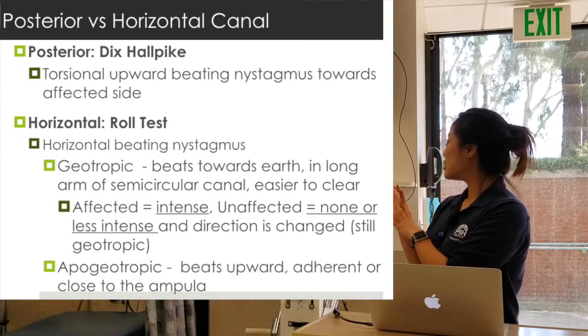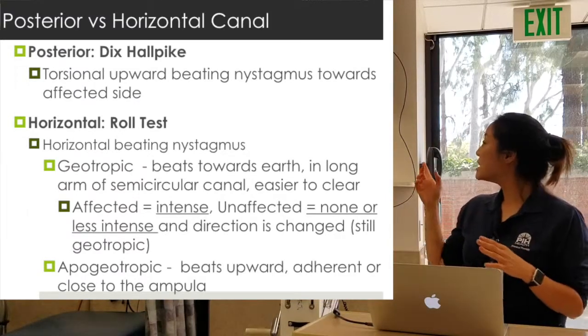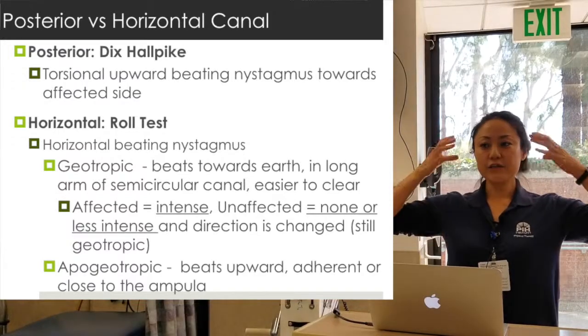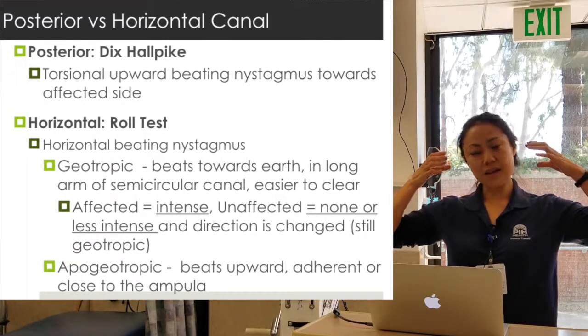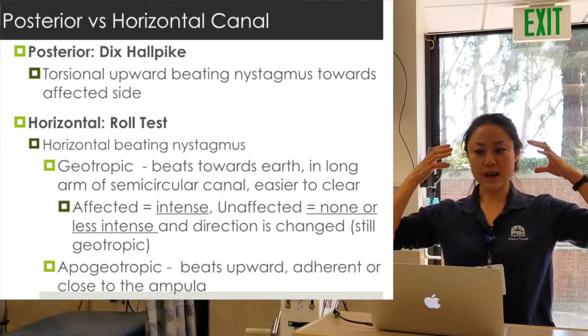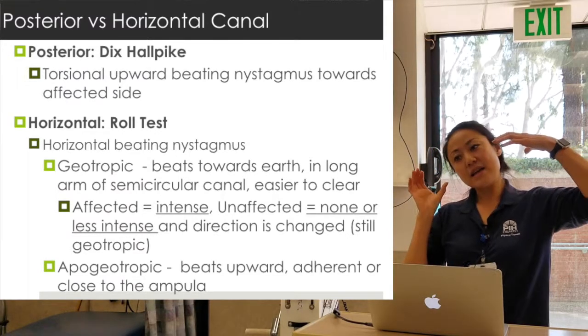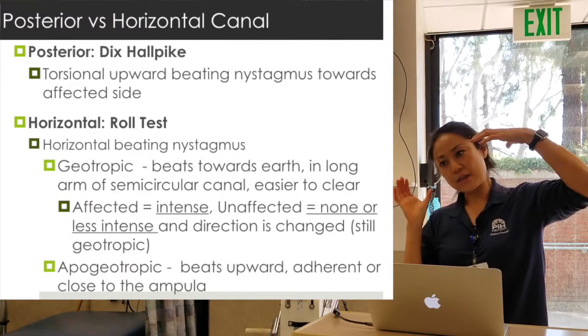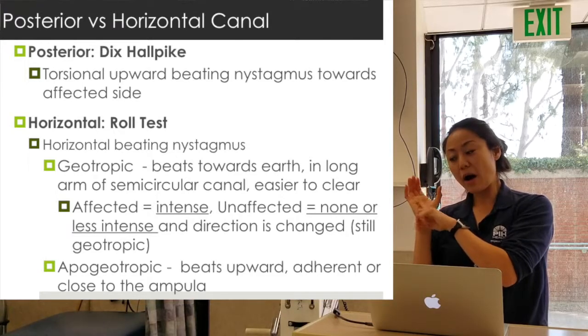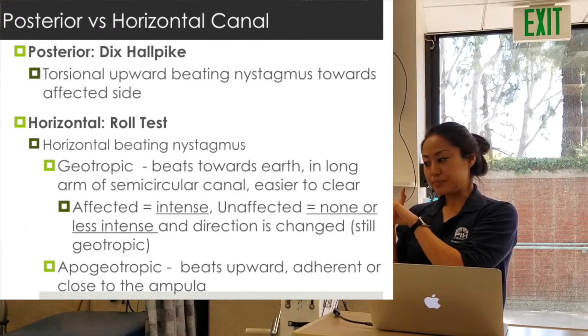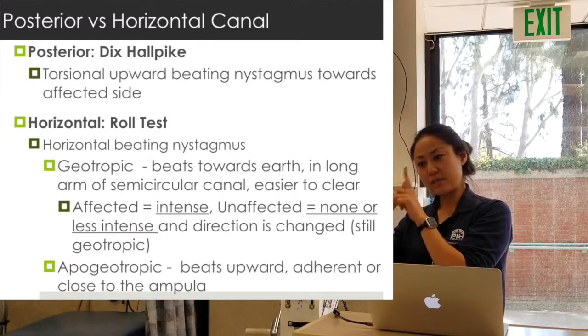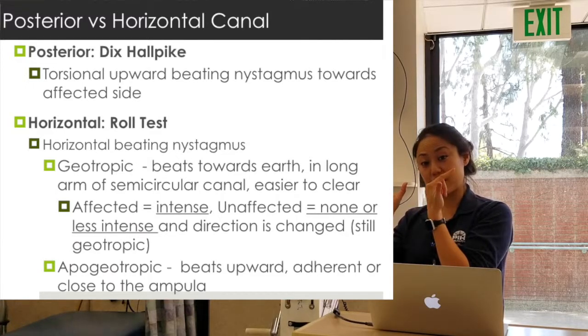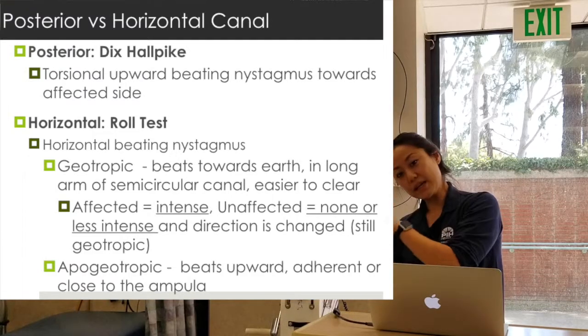So it's a little bit confusing, but if you picture your horizontal canal, if I'm testing and let's say I'm positive on the right and I'm rolling this way, so as I'm coming down, if this side is positive, the pull is going to be the medial direction, right? And so the corrective saccade is the lateral, and that's why it's going to beat towards the ground.